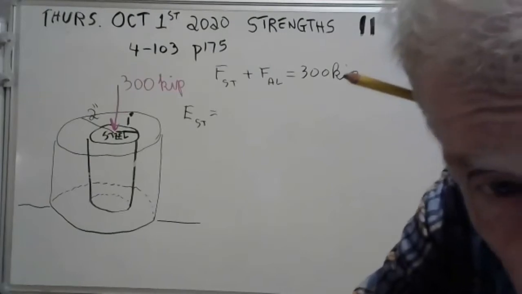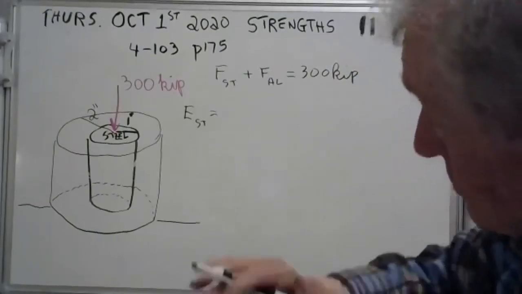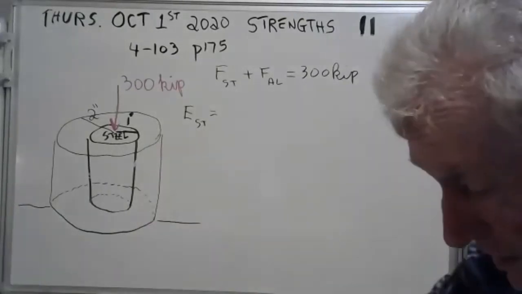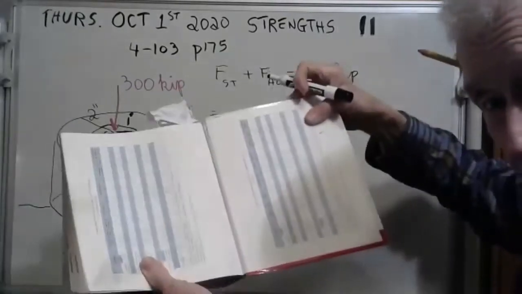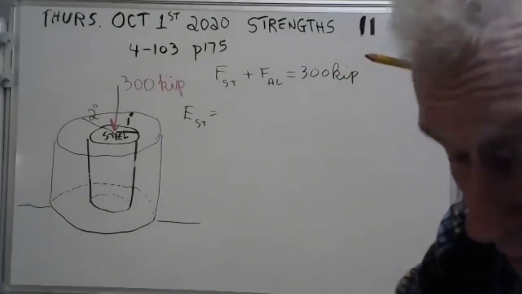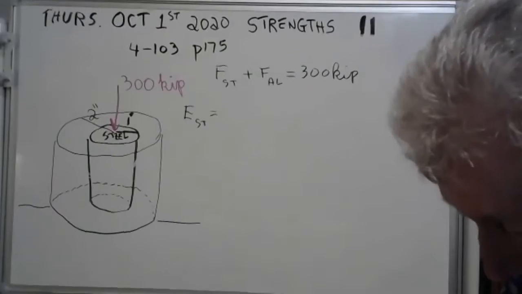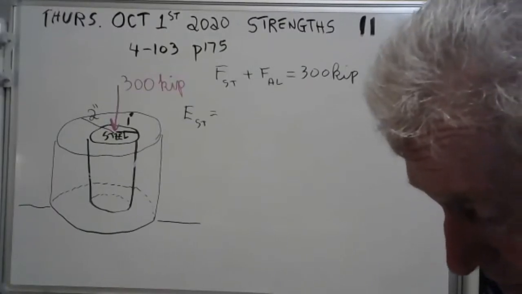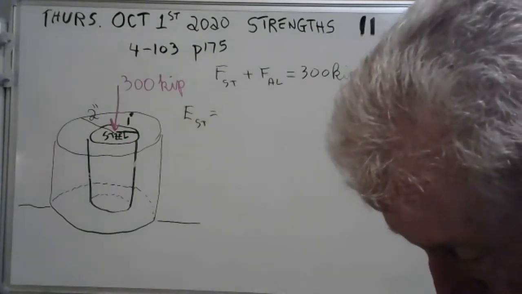Hello. Yeah, there he is. Julian, can you find the modulus of elasticity in the very back page of the book? It's the back flap. Modulus of elasticity for steel with the U.S. customary units.